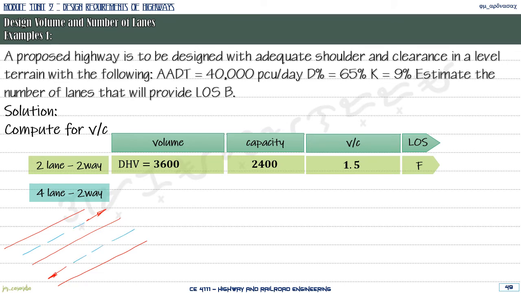So we'll have here now 1, 2, 3, 4 lanes with 2 directions or 2-way.